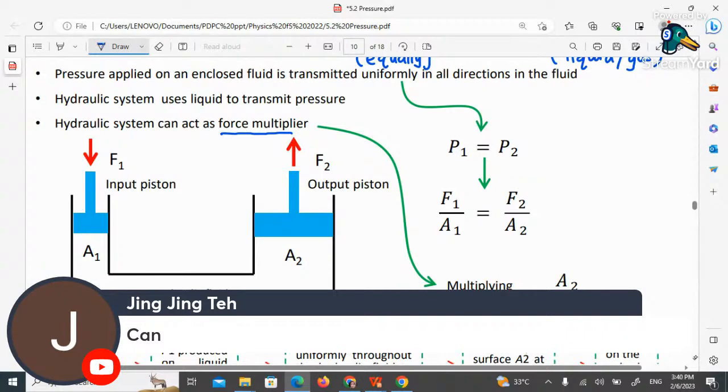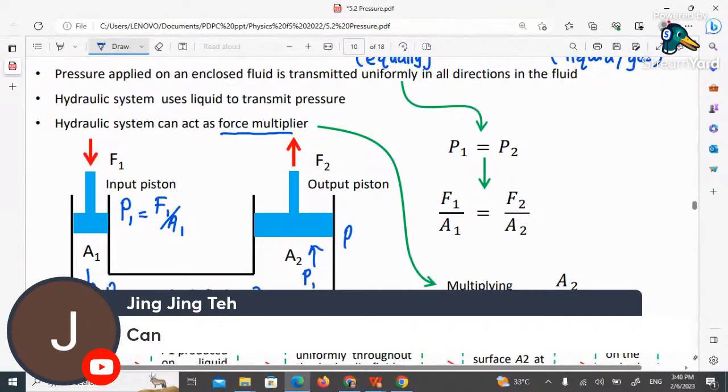Okay. Pascal principle: when we apply force at the input piston, it will exert pressure P1 equals F1 over A1. The pressure P1 will be transmitted equally throughout the liquid until it reaches here.